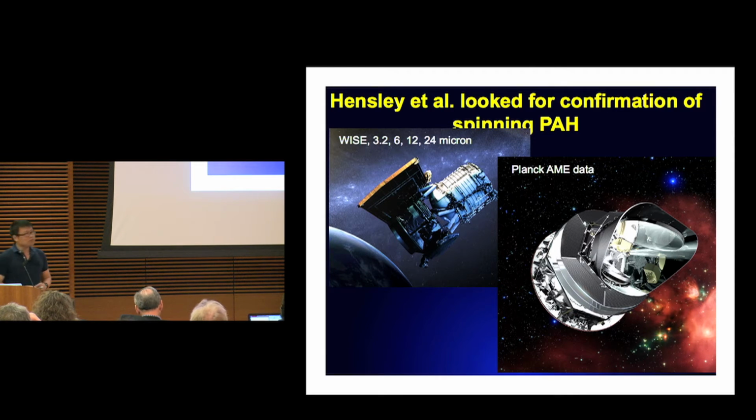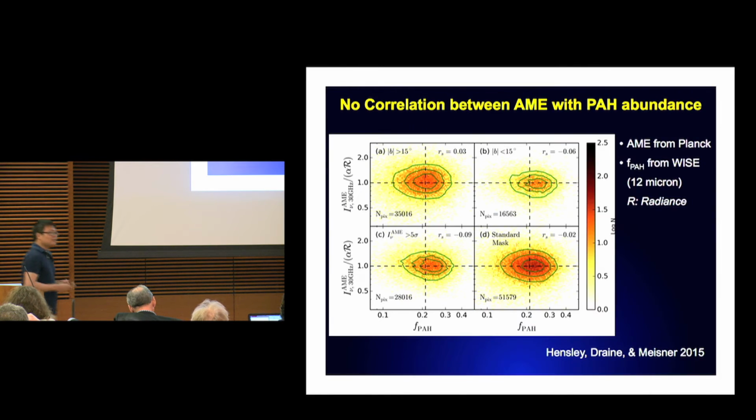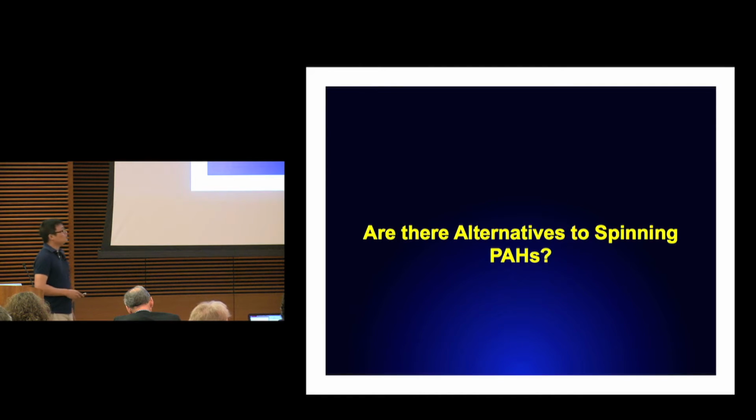The idea is that they used the observation from the WISE satellite and the AME, anomalous microwave emission, from Planck, because they expected a correlation between anomalous emission and PAH abundance if anomalous emission is from spinning PAH. Well, as you can see from here, there is no correlation between PAH abundance and anomalous emission. So what is wrong with it? Are there any alternatives to spinning PAH or not?